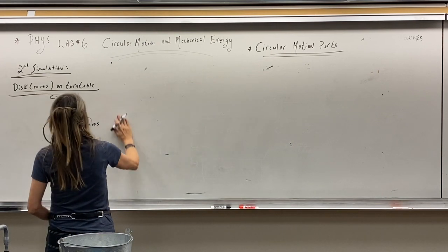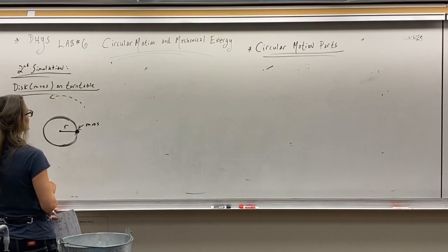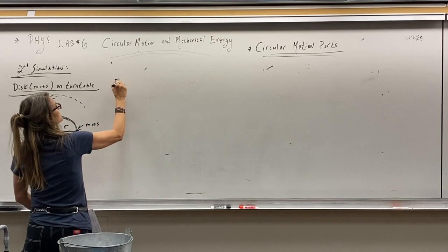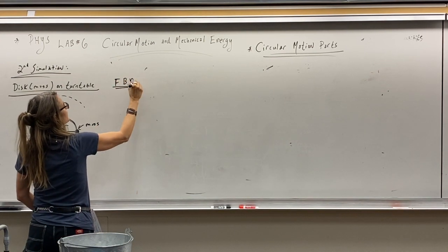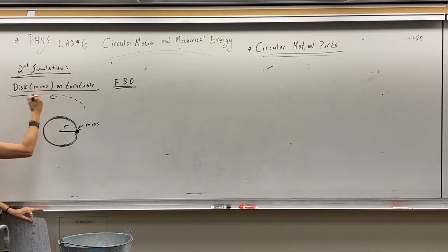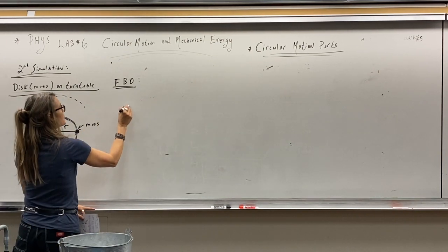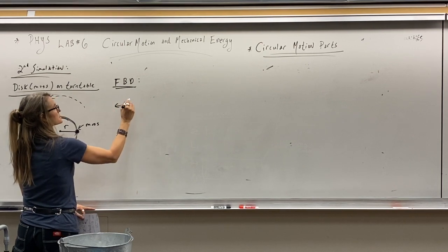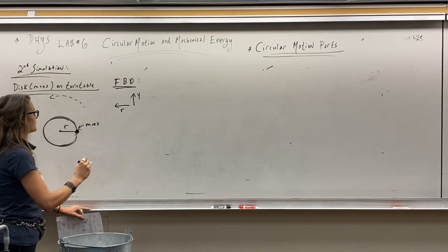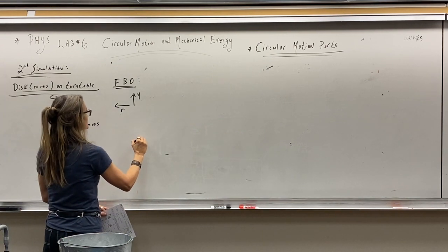So if we have a mass on a disc like this, it's important to identify all the forces. Here, again, our free body diagram will give us some information. I have this mass and it's rotating, and I'm going to define my radial axis this way, my y-axis this way. Then I look at all the forces on my mass.